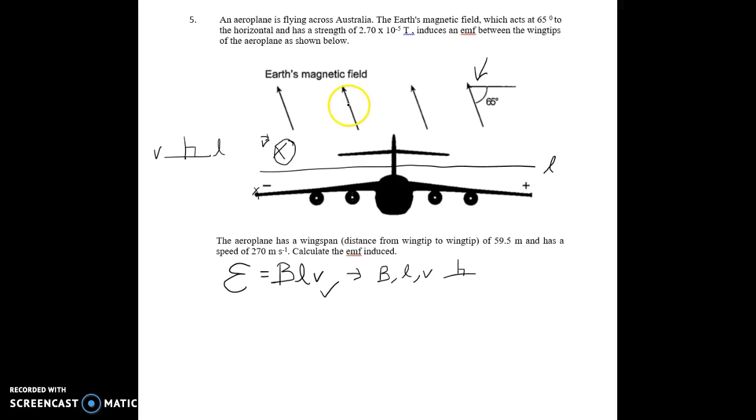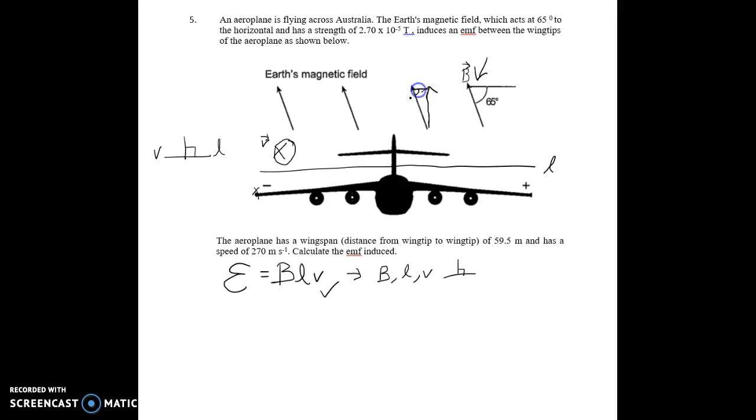But one thing is this magnetic field, however, you will see that it is not entirely perpendicular to the length. So this is the magnetic field and it's not perpendicular with the L. So what you need to do is you need to resolve this B upwards, vertically upward.